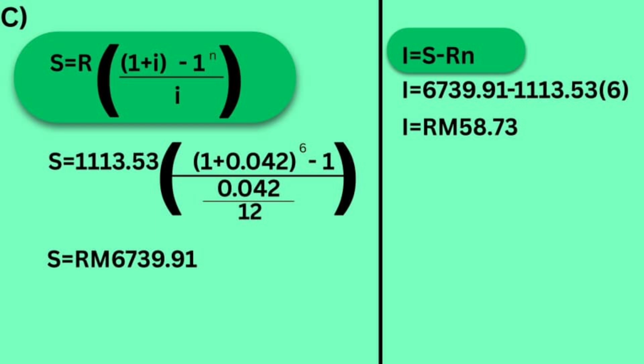The final answer for the 6th repayment is RM6,739 and 91 cents. For the interest charged on the late payment, we use the formula I equals S minus R times n, and then substitute it into the formula. The final answer for the interest charged on the late payment is 58 ringgit and 73 cents.